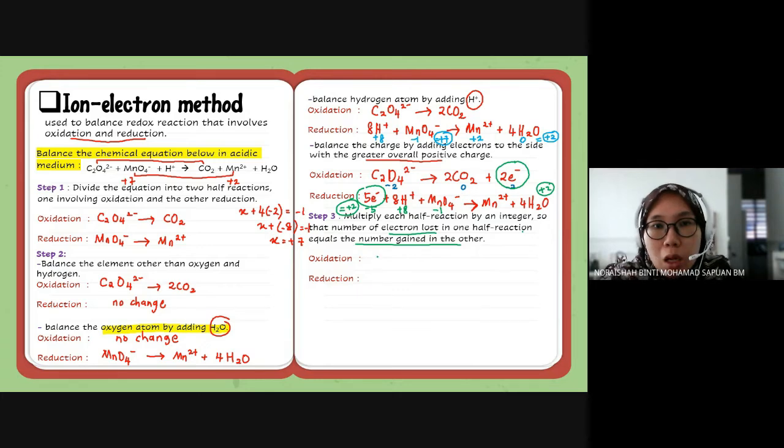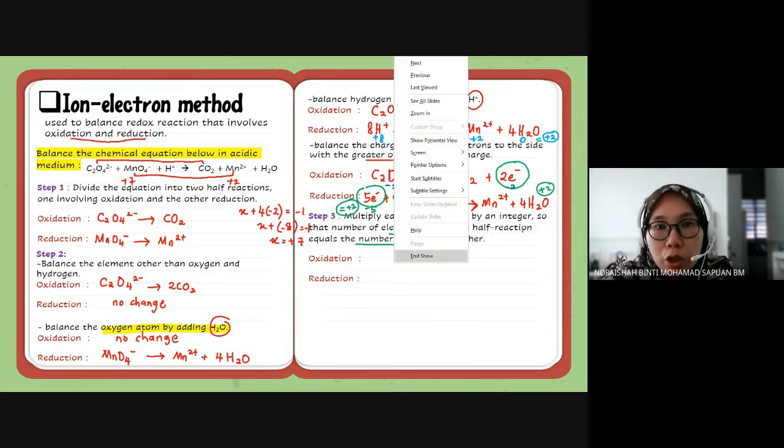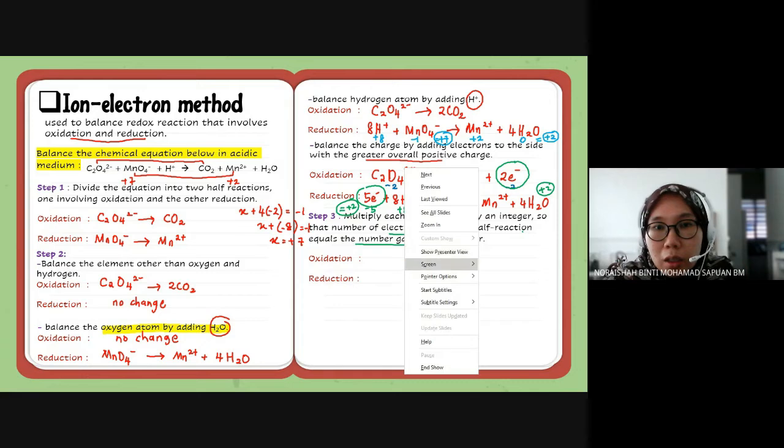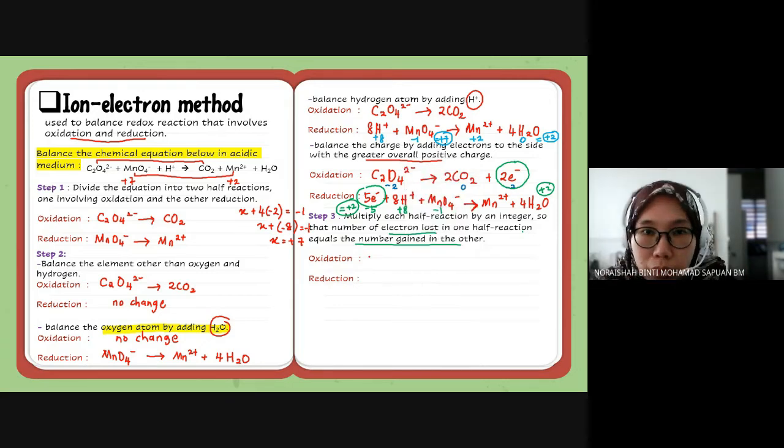So semua the whole equation you need to times with the kalau oxidation kena darab 2 darab 5. So yang oxidation ni kena darab dengan 5. So you akan dapat 5 C2O4 2 minus. Okay, so 5 darab 2 10 carbon dioxide, 5 darab 2 dapat 10 elektron.